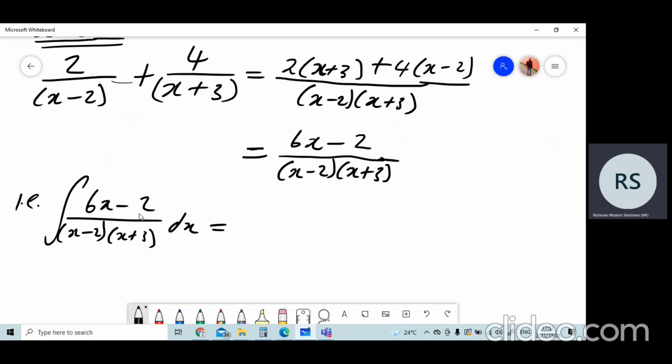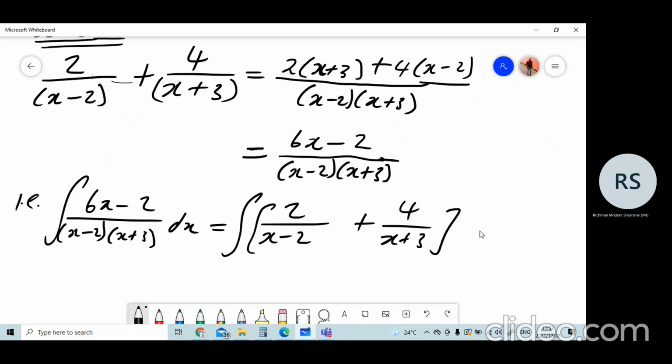So instead of integrating this, we integrate its partial fractions, 2 over x minus 2 plus 4 over x plus 3, and we'll be able to find the integral. It's the reverse process that is required, taking the single expression into the sum of partial fractions.